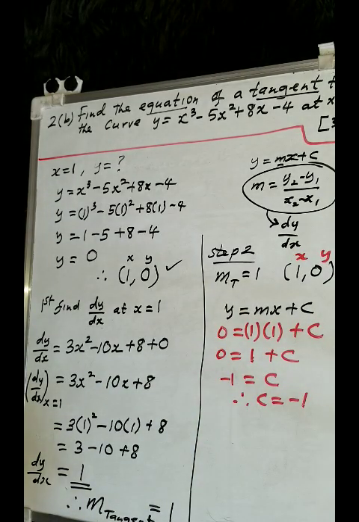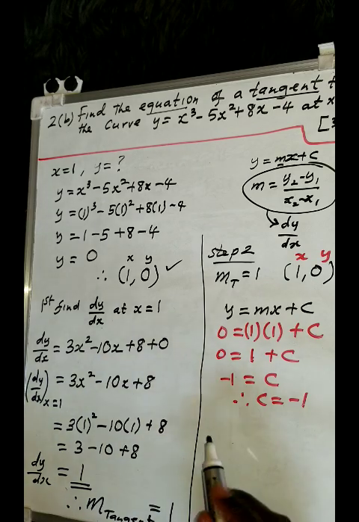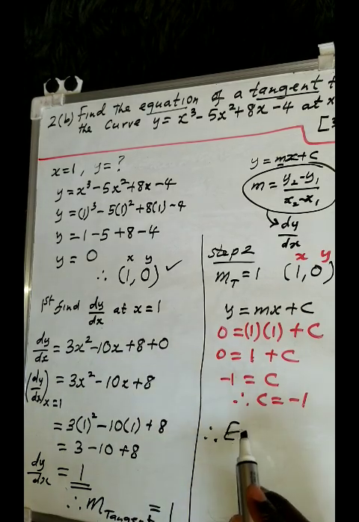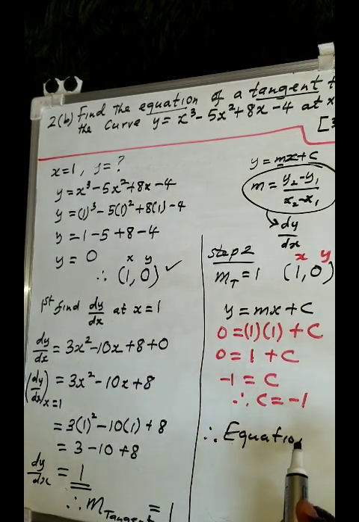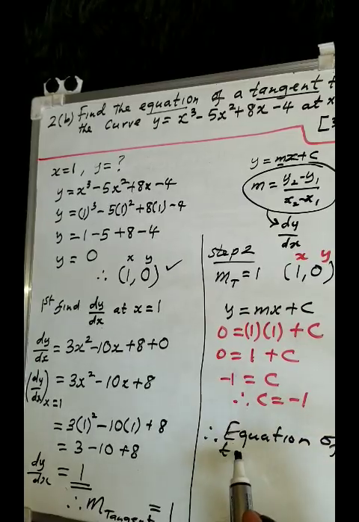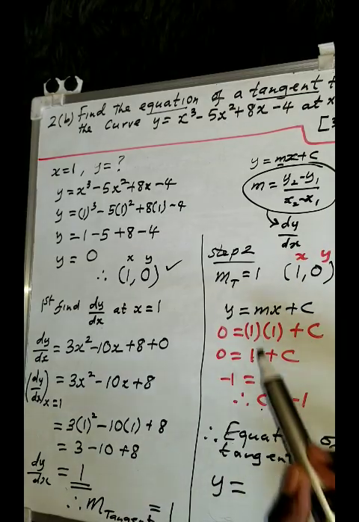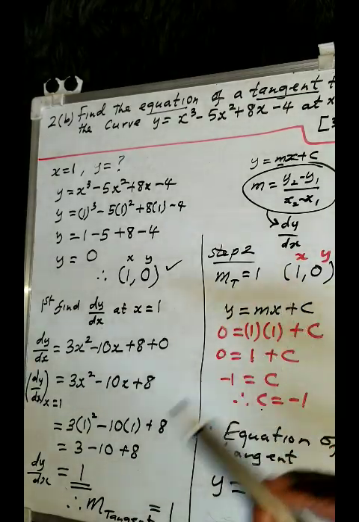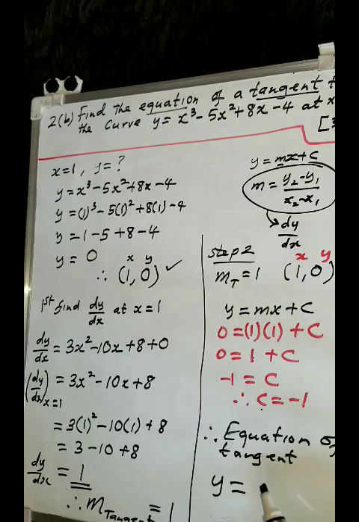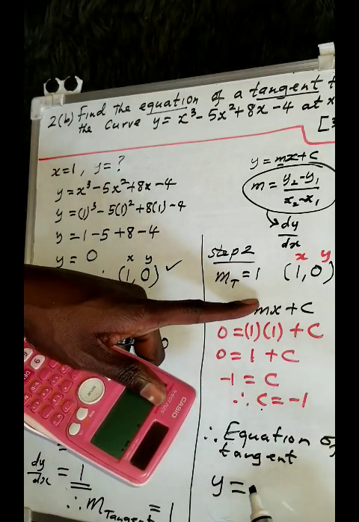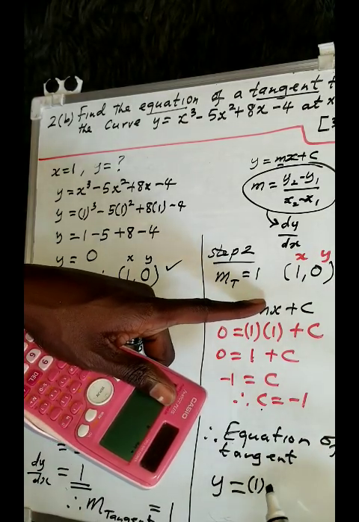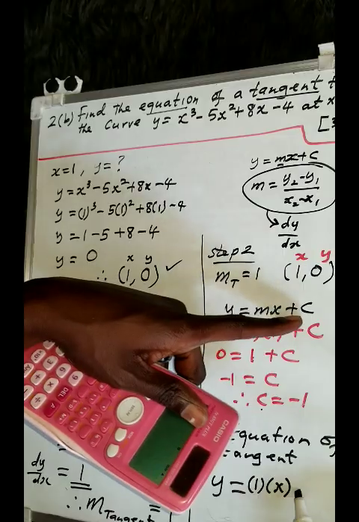So once you get your c as negative 1, therefore we can simply say the equation of the tangent will be given by y is equal to, we replace the c and the gradient into that equation. That is the equation of the tangent. So what's the gradient? It's 1, but 1 times x, and what is our c?